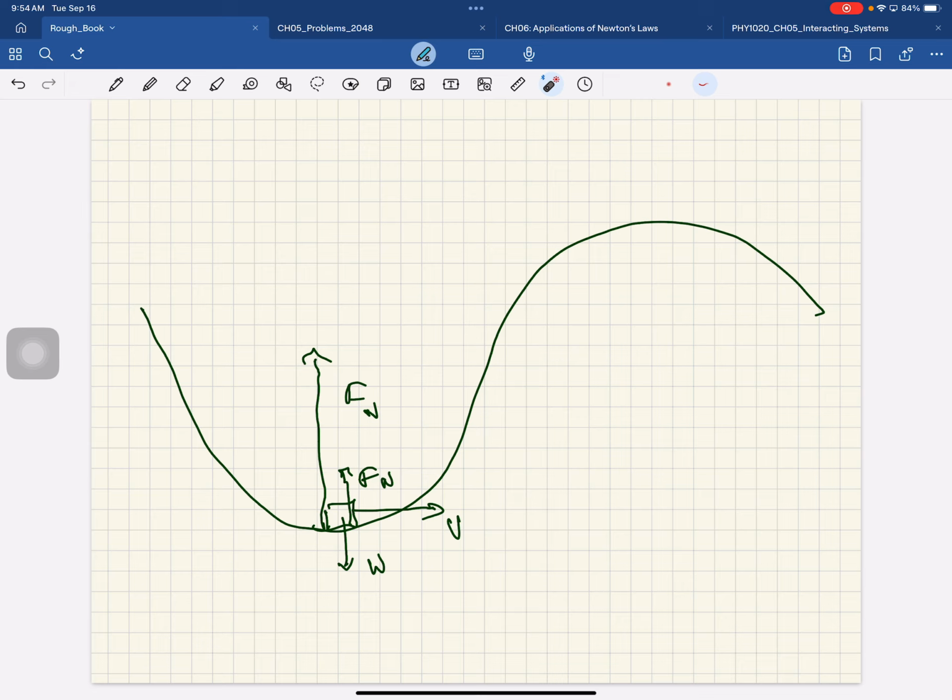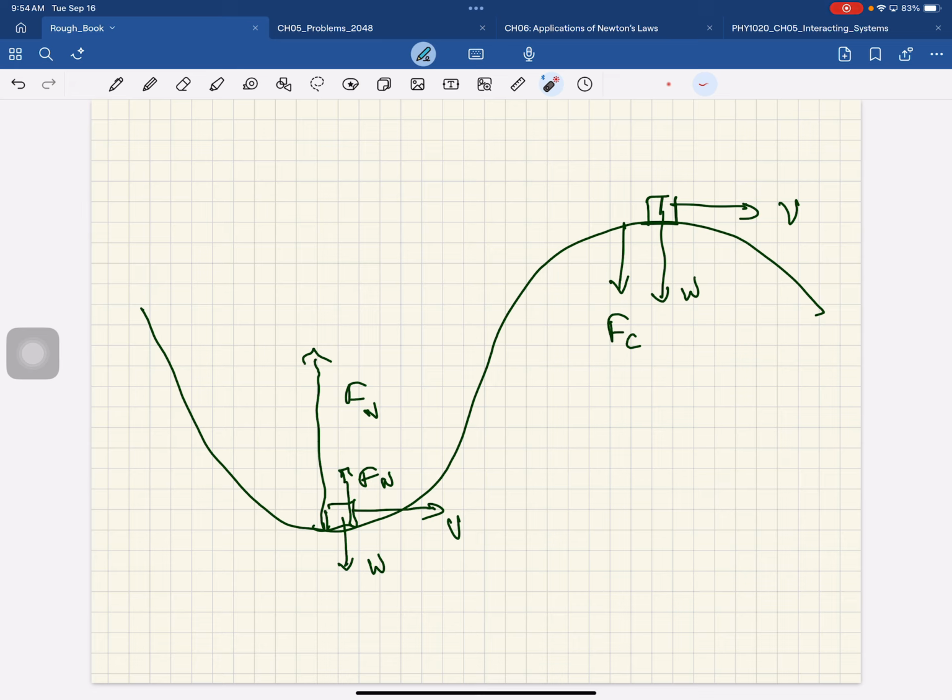All right, let's come up to the top now. If you're not moving, here's your weight, and here's your apparent weight. But if you're moving, then you're going in a circular path. You need a centripetal force, and the weight is providing that, and this normal force becomes smaller.